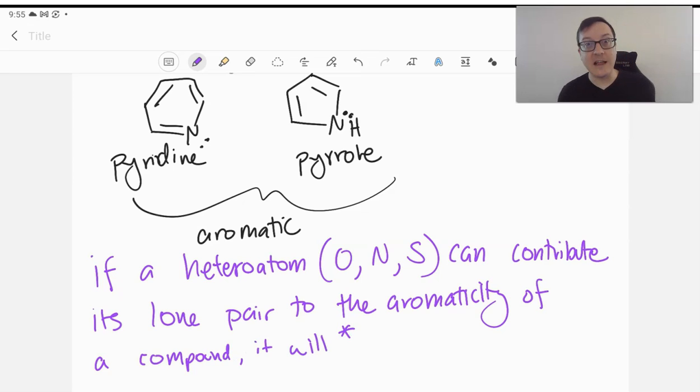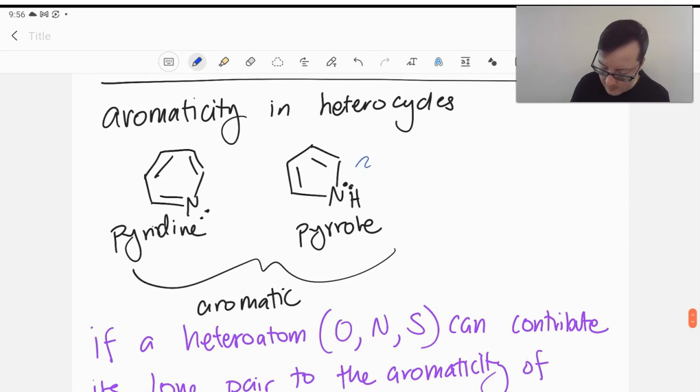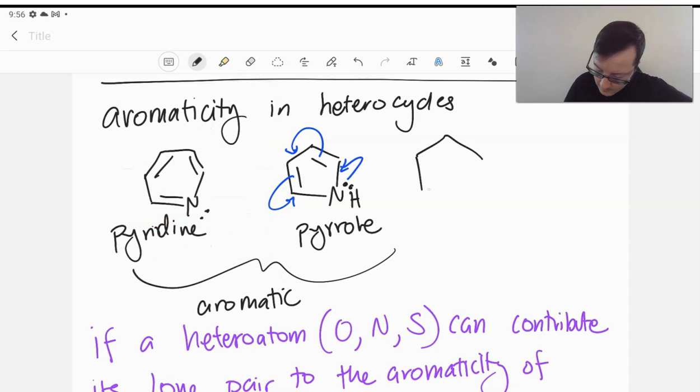And I'm going to put a little asterisk on that. So we know that pyrrole can resonate, right? We can resonate this molecule such that we're going to have this negative charge here, right?